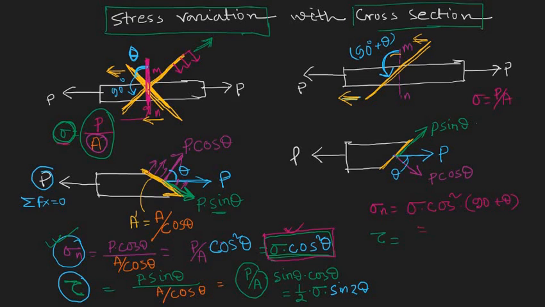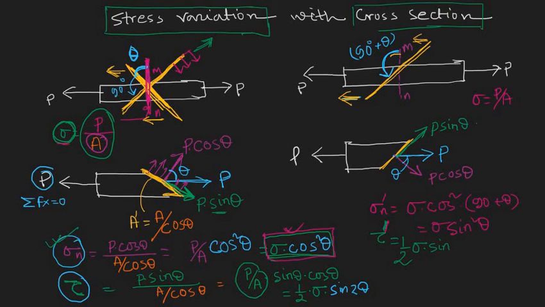It gives me sigma times sine square theta, and let's say this is sigma n dashed. And tau dashed is again half times sigma times sine 2 theta.